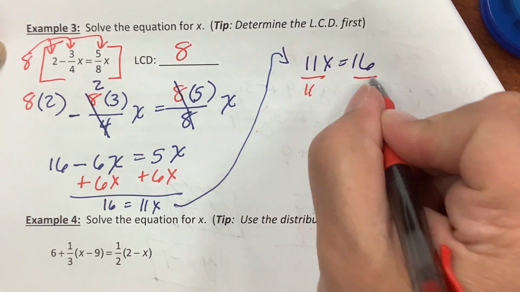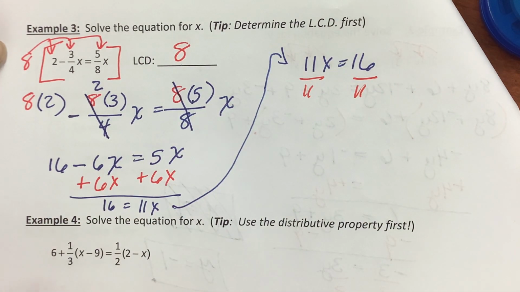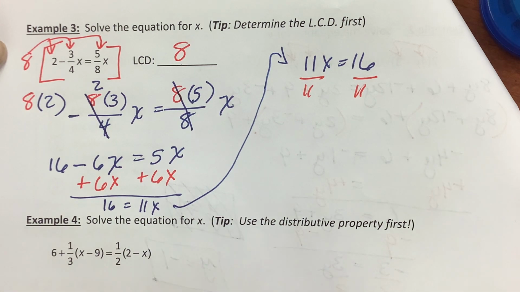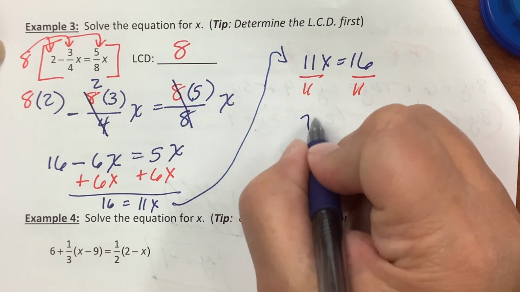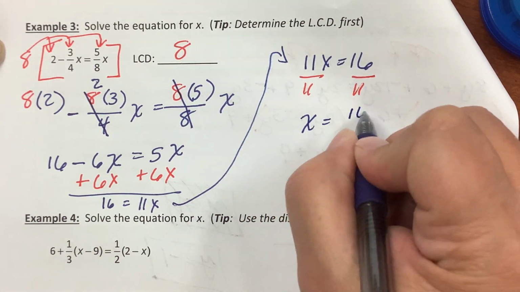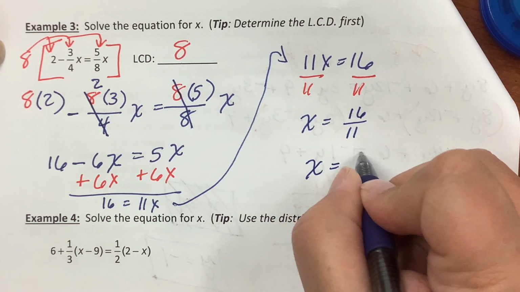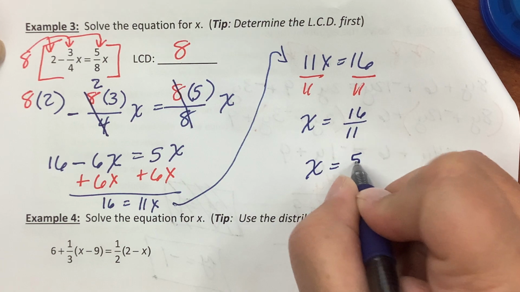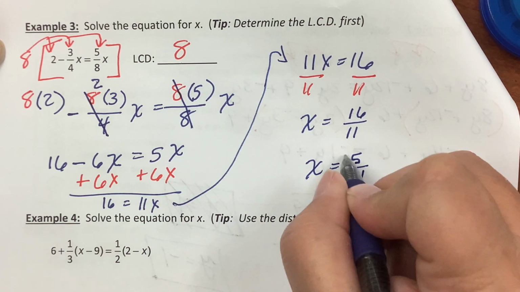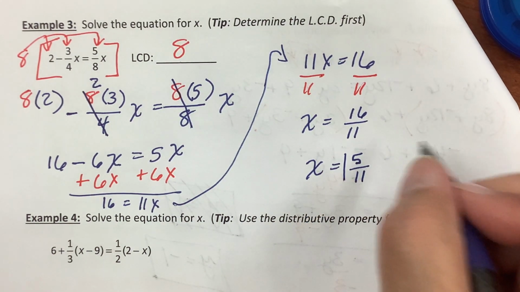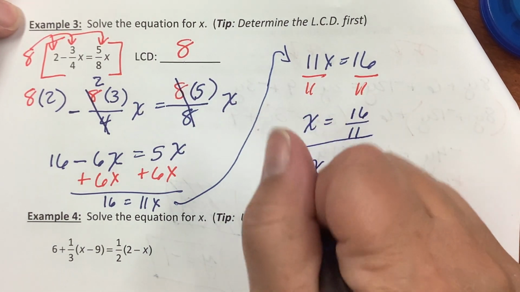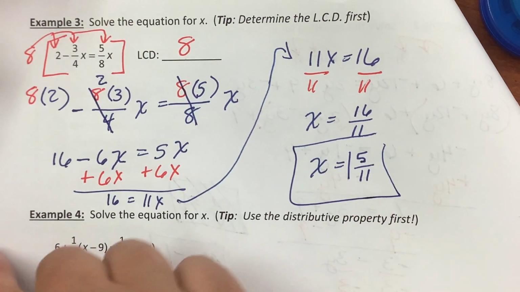Divide by 11. And x equals, you can leave 16 over 11, that's fine. Or you could say x equals 1 and 5/11. Yeah, so I like this answer, but that answer is fine.